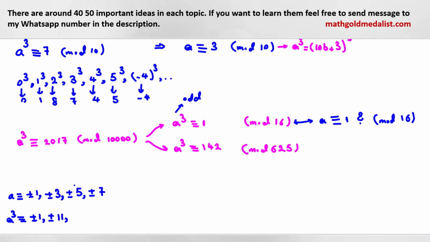Yes. 5 cubed is what? Plus minus 1. 5 cubed is 125. Plus 5 is plus 1 or minus 1?